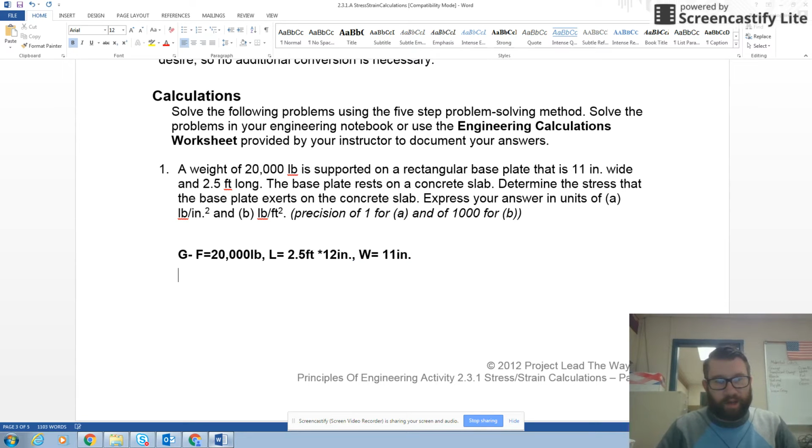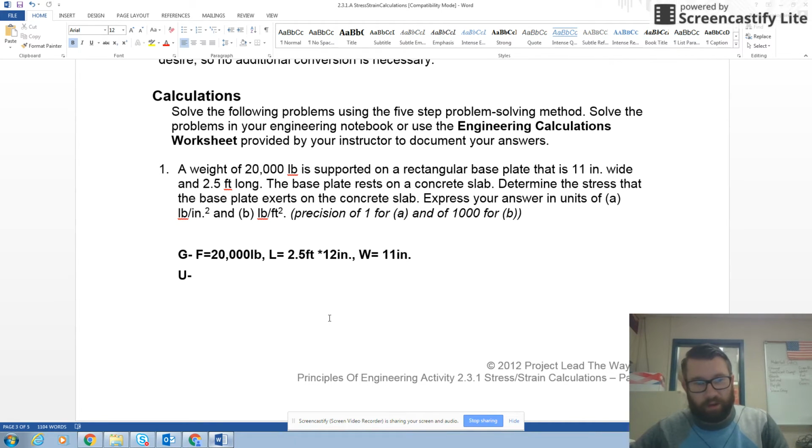Now the next thing we have to do is figure out what the problem is asking for. So that's going to be our unknown. In this case, it says determine the stress that the base plate exerts on the concrete slab. So our unknown here is stress, and that is a Greek letter.